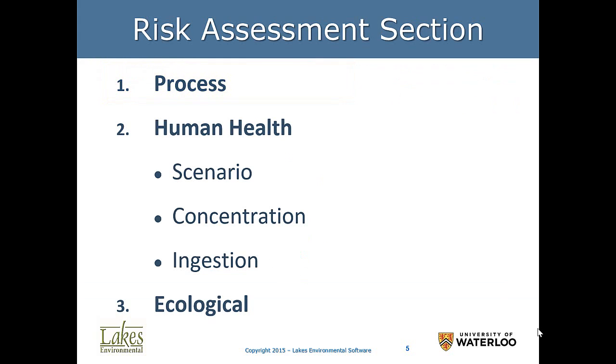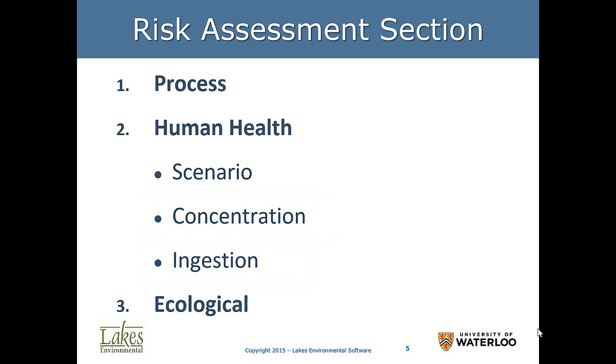We will have to understand what is a scenario when we're doing risk assessment, how we will compute media concentration. And once we have media concentration calculations, we will talk about ingestion. Ingestion of the media for which we computed the concentrations. For example, plants will have tissue contamination.